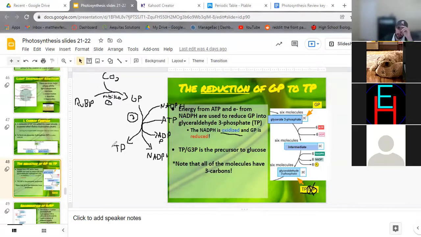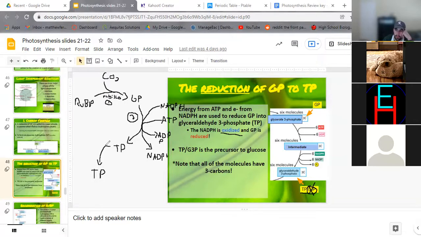Correct, to make glucose. Well, here's where we're going to see some of that. What's going to end up happening is that a molecule of TP will actually leave the Calvin cycle, and then this will be used in another reaction to end up becoming glucose.